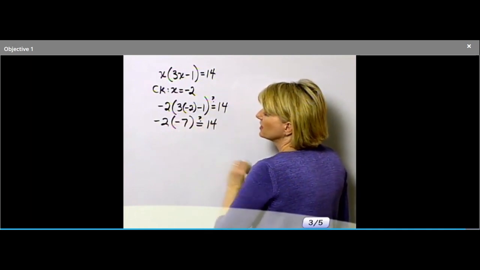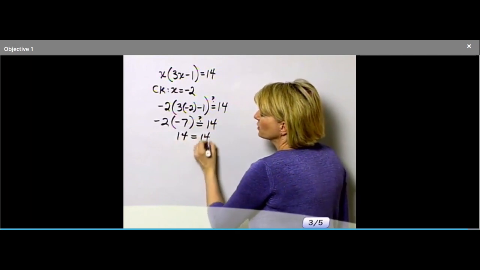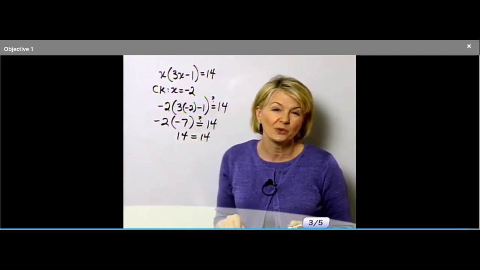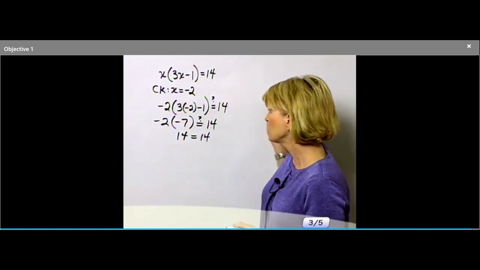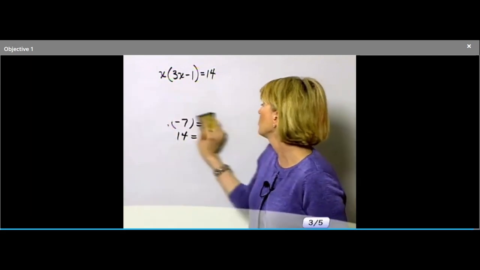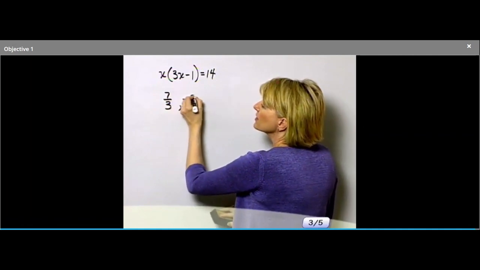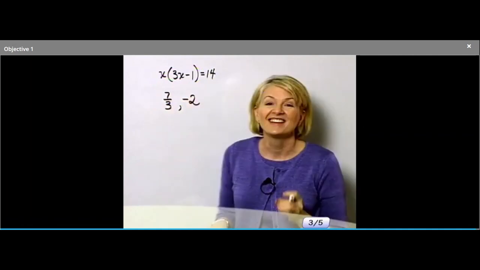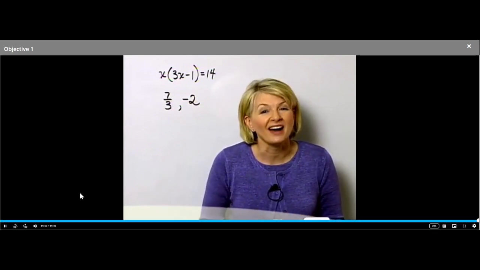Is that 14? Well, yes, negative 2 times negative 7 is 14. Again, a true statement, so negative 2 checks. What does that mean? That means we have two solutions. One solution is 7/3. The other solution is negative 2. That's how we solve quadratic equations, by factoring.